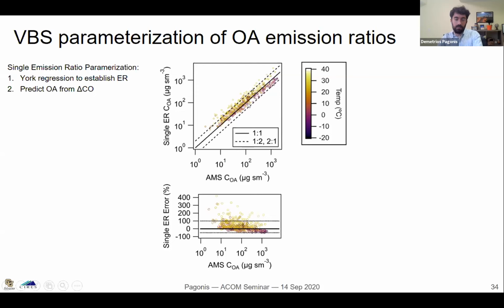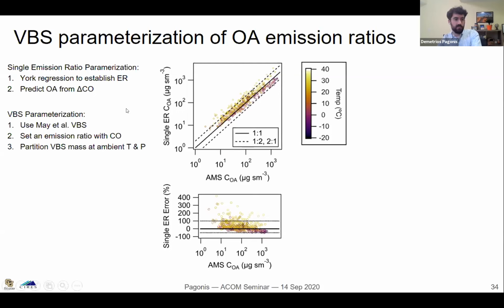First is that this approach is under-predicting OA at low temperatures. So these are the darker points here. And then as you move to both lower OA concentrations and higher temperatures, this approach begins to overestimate the OA concentration. And that's exactly what you'd expect for a parameterization that's ignoring the role of evaporation and gas particle partitioning.